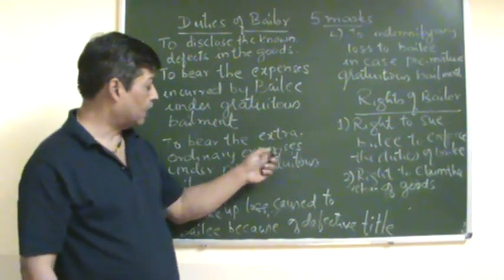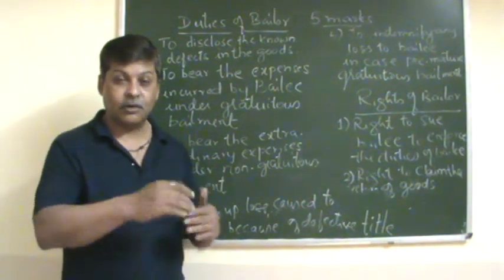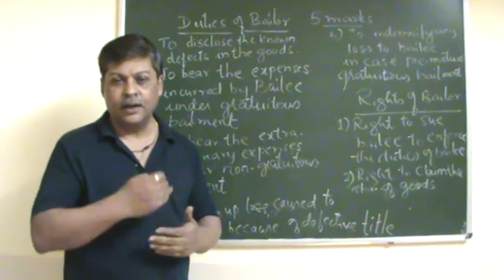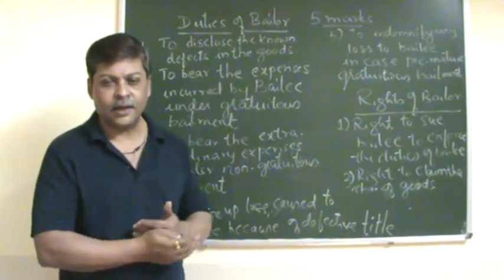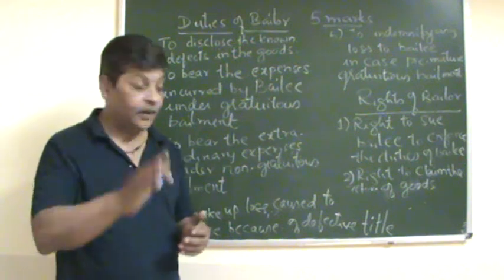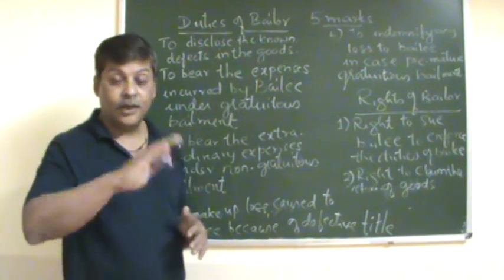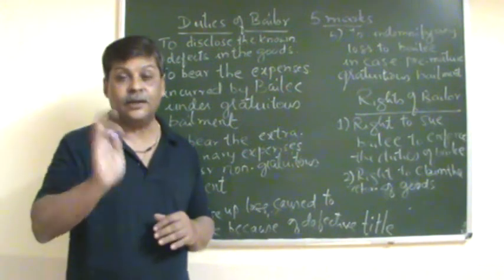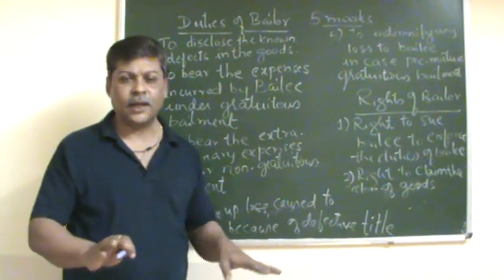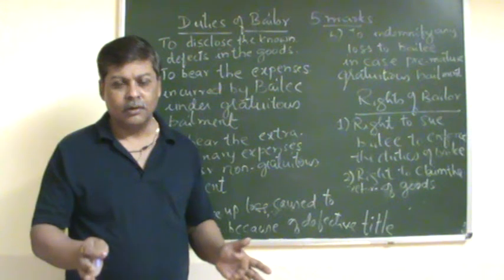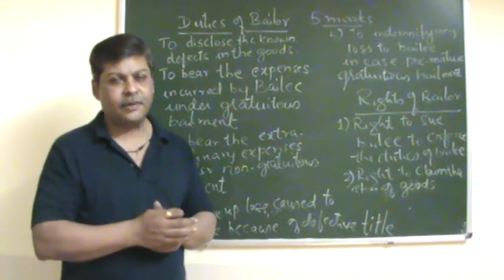Extraordinary means that at the time of bailment it may not be known. It is after the bailment that extraordinary expenses may arise. It must be a non-gratuitous bailment, and only extraordinary expenses, if anything is incurred. At the time of the bailment it will mainly not be known. It may happen later, after the bailment has taken place.